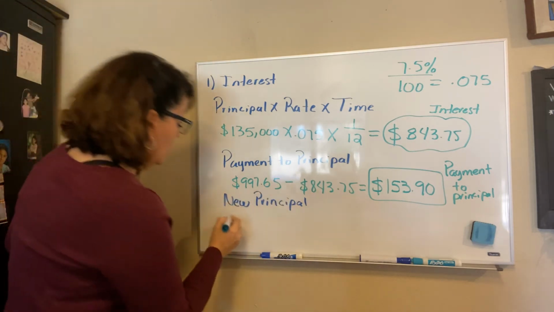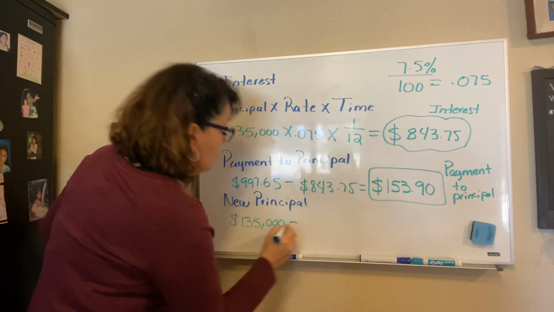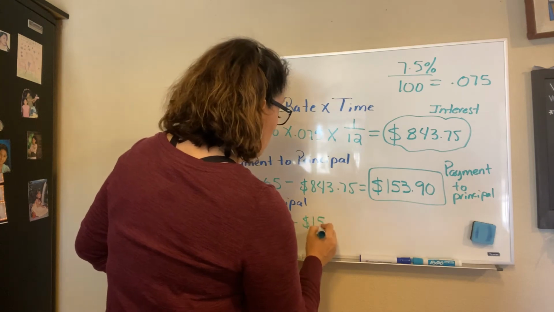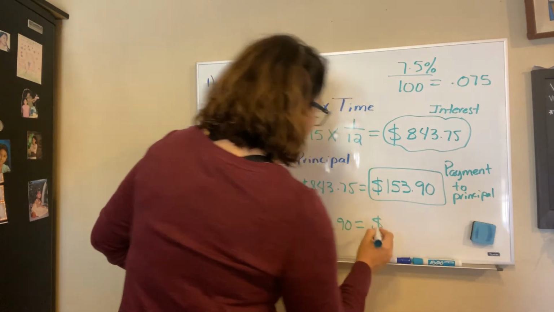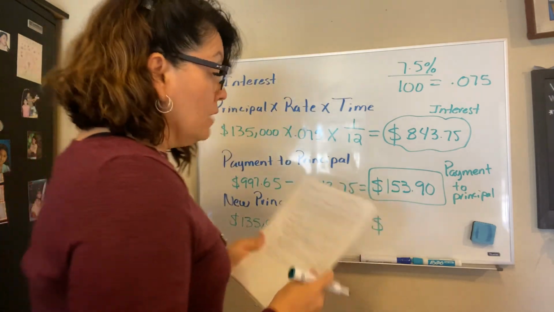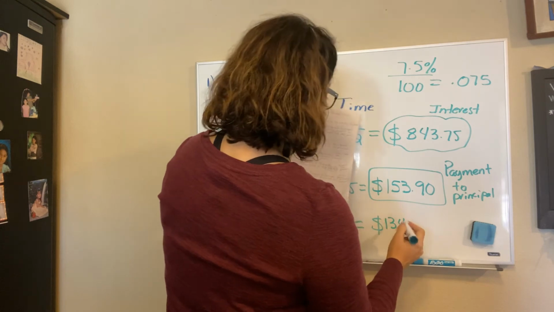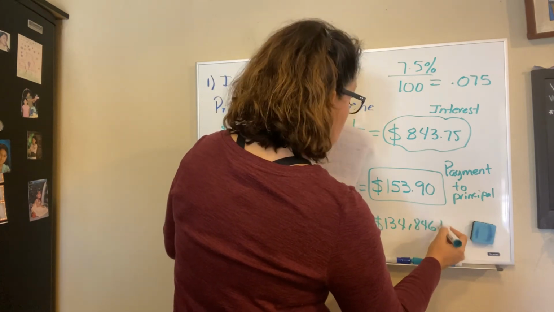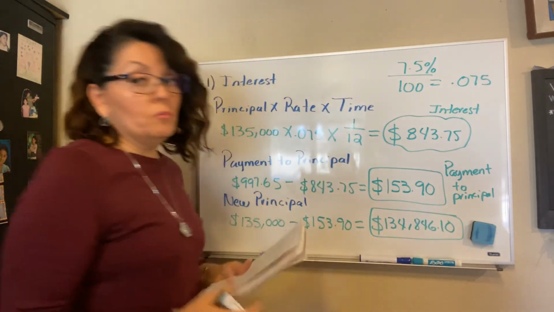It was 135,000 minus this amount, 153.90, which is the payment to the principal. And after the first payment, they still owe 134,846.10, which is this one. It is my new principal.